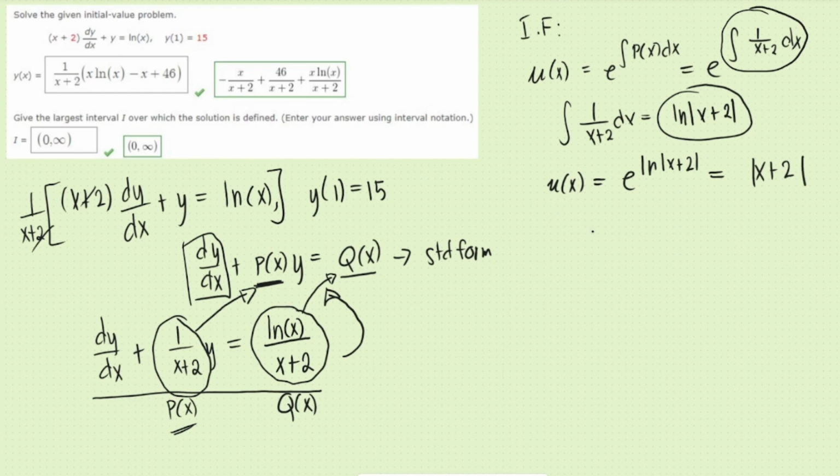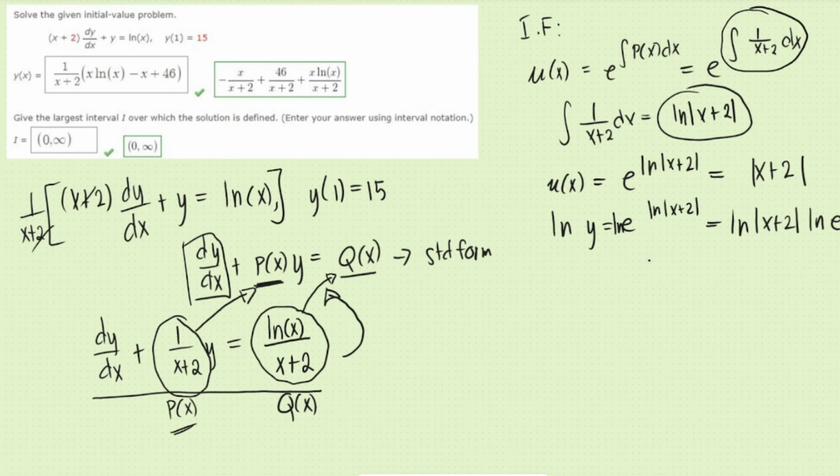Let's say y is equal to e to the ln of x plus 2. We can apply ln to both sides of the equation, and bring the exponent down according to the rules of logarithms, ln of e.